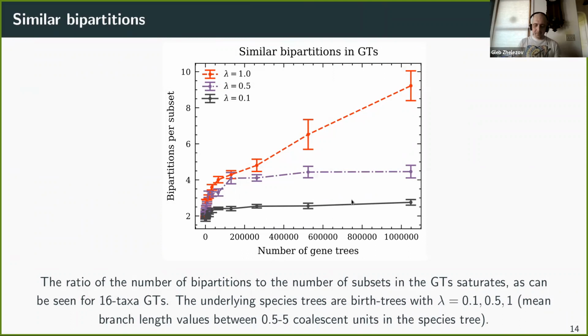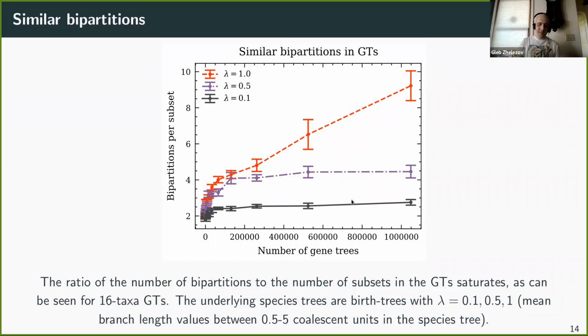If you generate some species trees as a pure birth process with 16 taxa, and then you generate some number of gene trees, so let's say 200,000, 400,000, whatever, depending on the birth rate, you can expect to have this.